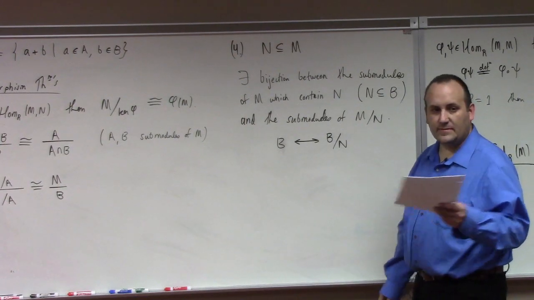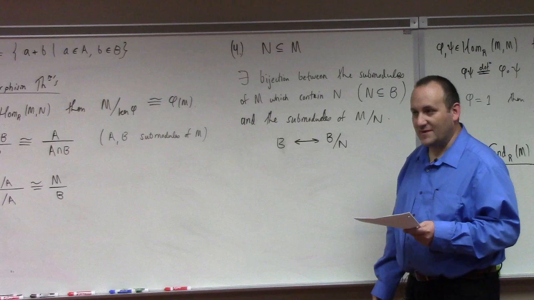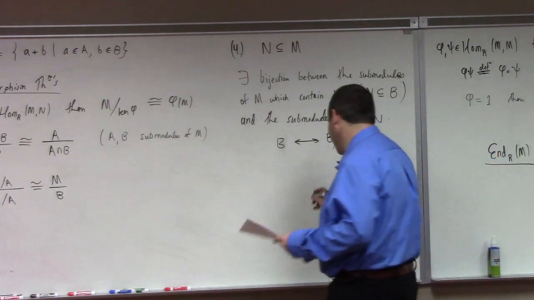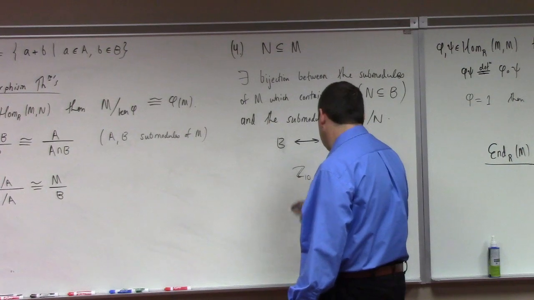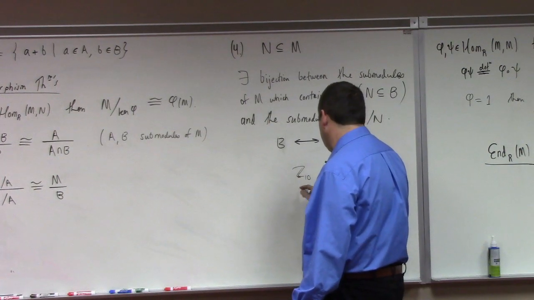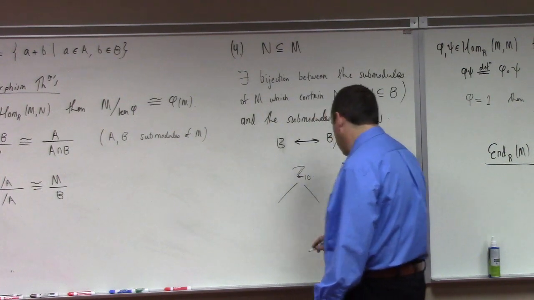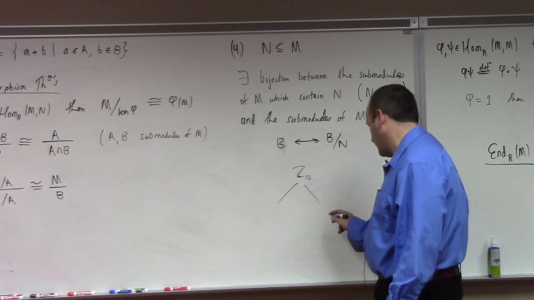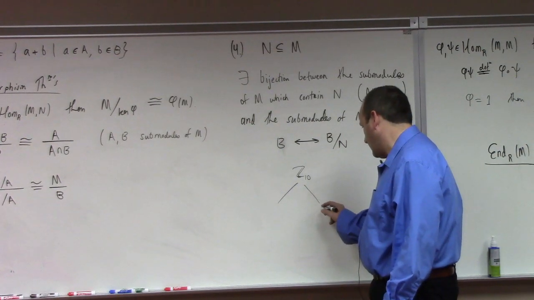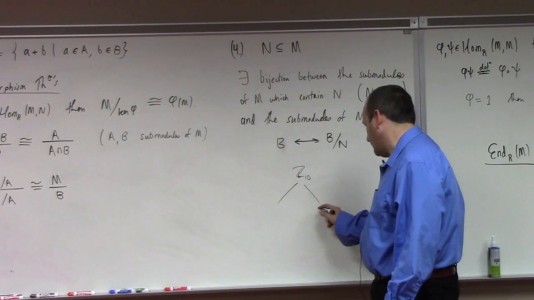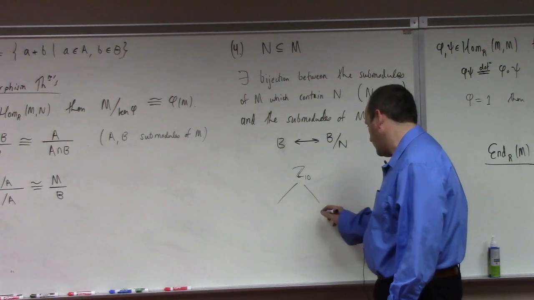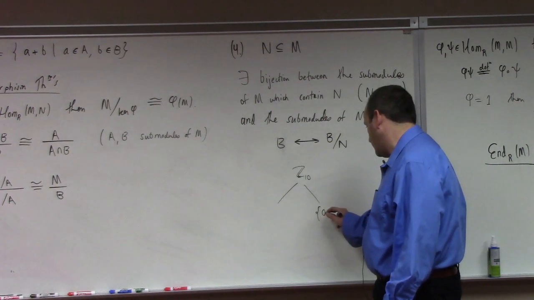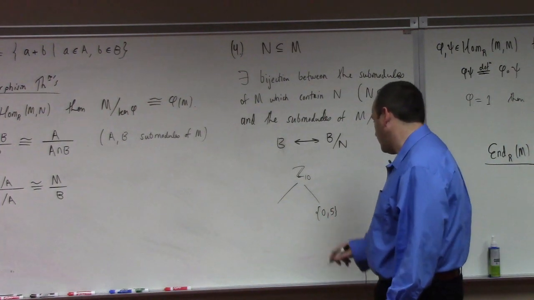A lattice, oh. I don't know, like Z10, right? So in there, there's subgroups. We could say maybe 0 and 5.